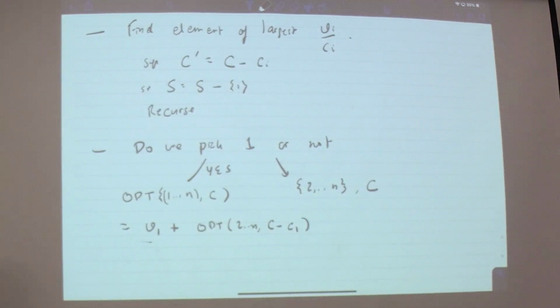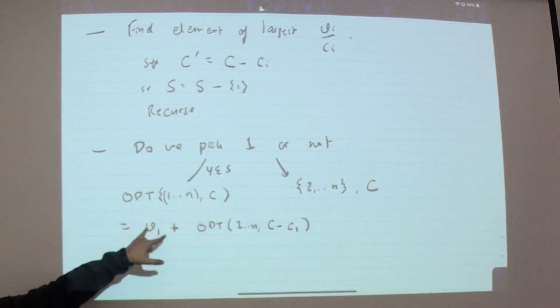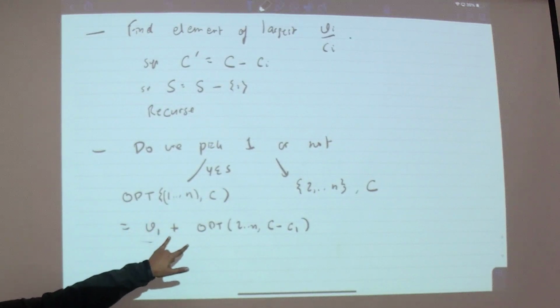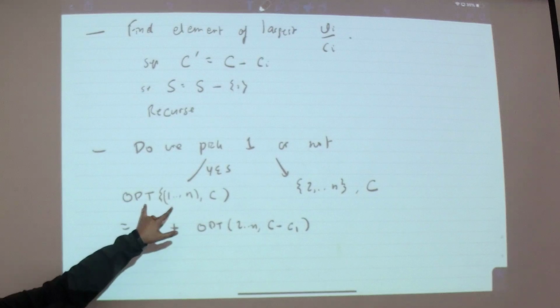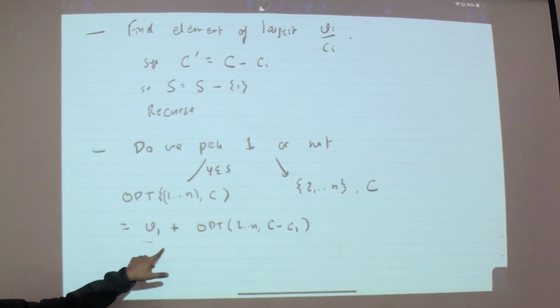If it's in my clique, then I pick it, but it's not necessarily true that now I have to find the optimal clique on the rest. Well, actually no, I'm not sure about that. Never mind, ignore what I said. But I have to think of another example where that happens. But you have to argue that this equality is in fact true. That the optimal solution here, assuming you pick V1, can be written in this form.